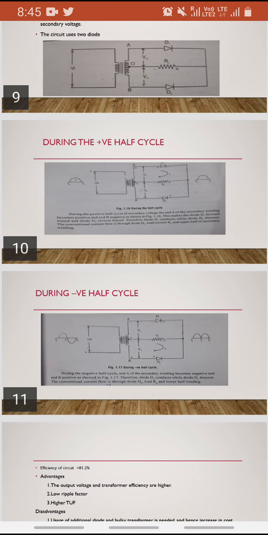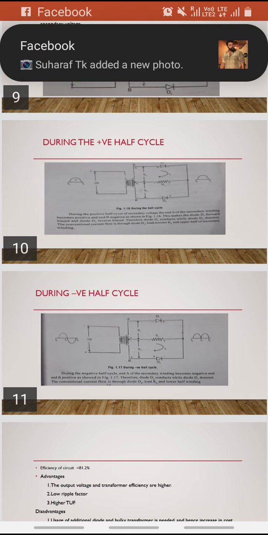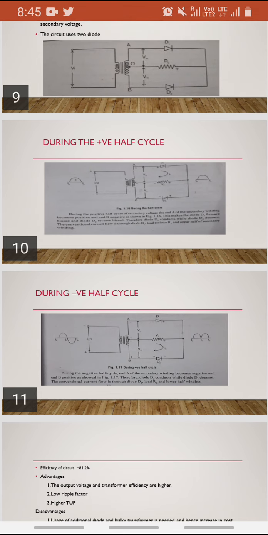This makes diode D1 forward biased and diode D2 reverse biased. Therefore D1 conducts while diode D2 does not. The conventional current flows through diode D1, load RL and the upper half of the secondary winding, that is OA.